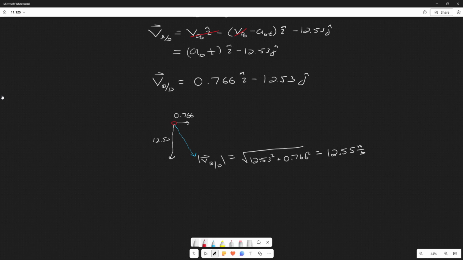And the angle that the ball makes with the horizontal, which I called phi, the tangent of that angle is equal to the opposite, which is 12.53, over the adjacent, 0.766. And when you take the tan inverse of both sides, I got that phi, the angle, equals 86.5 degrees.